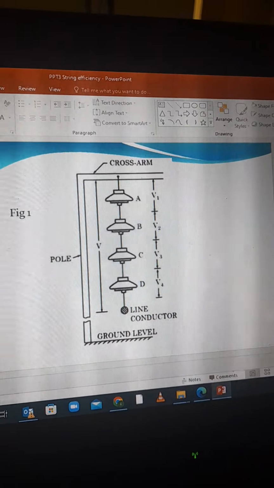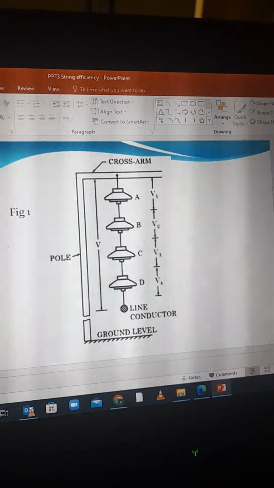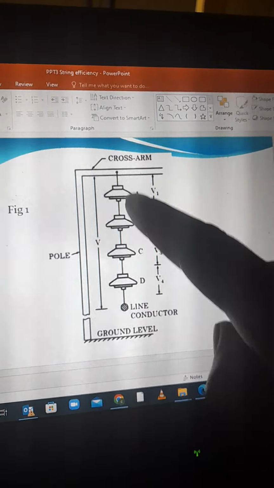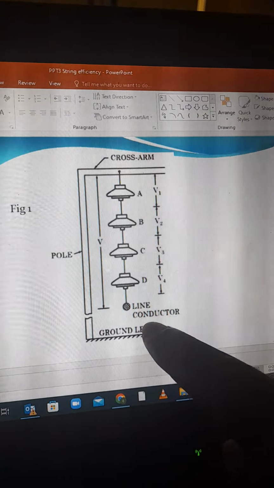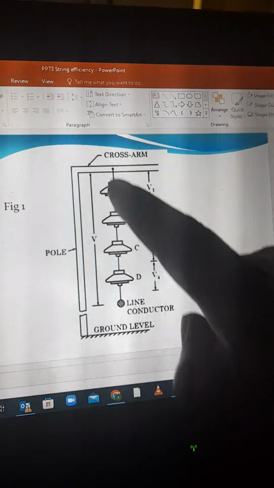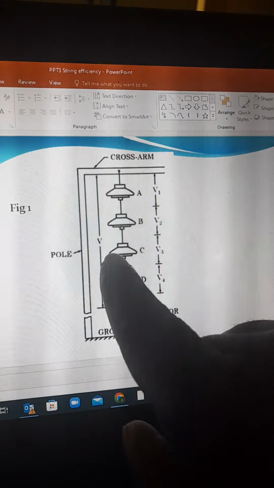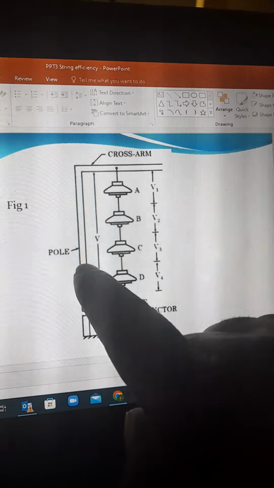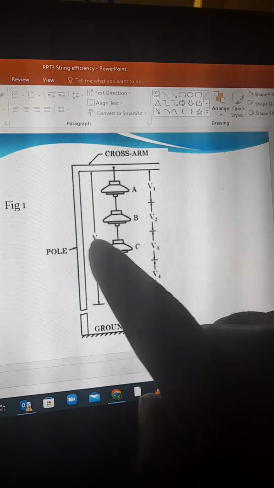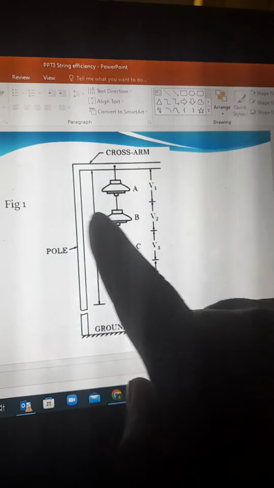In this diagram, the disc insulators are represented as capacitors. That capacitor is called the mutual capacitor. And between this insulator and the pole, the earthed pole, there is also some sort of capacitance.